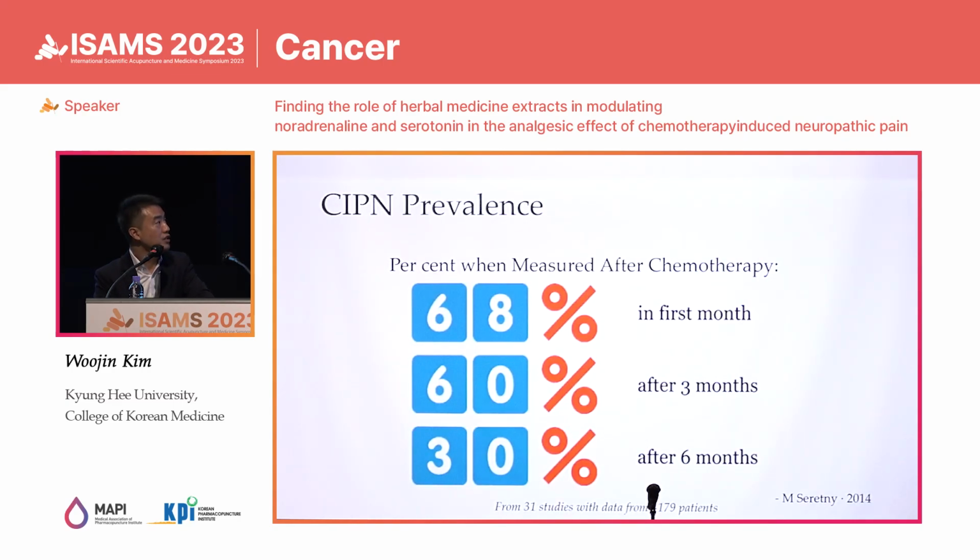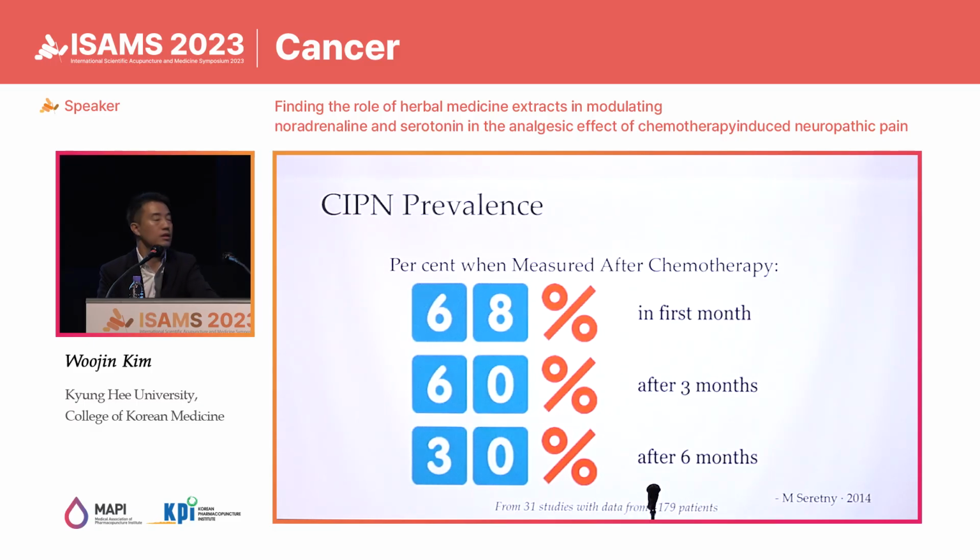The prevalence of CIPN, as you can see here from a study of 31 studies including over 4,000 patients, is that in the first month, 68% of patients have CIPN. After 3 months it decreases a little bit, but even after 6 months you still have 3% of patients saying that they have these symptoms.